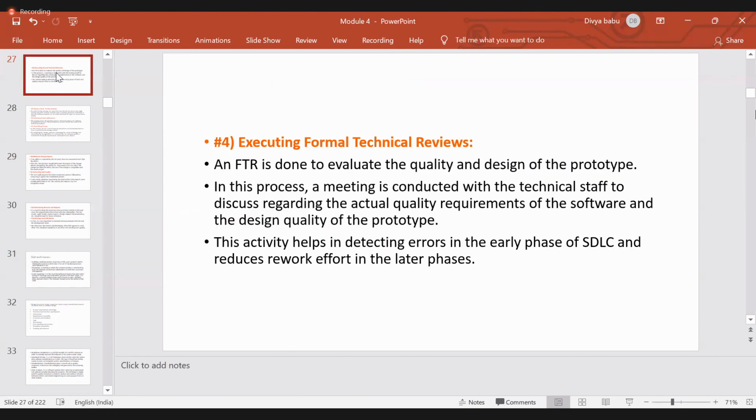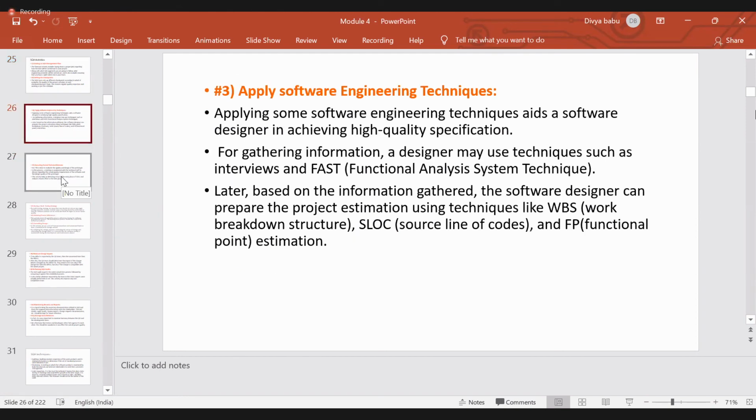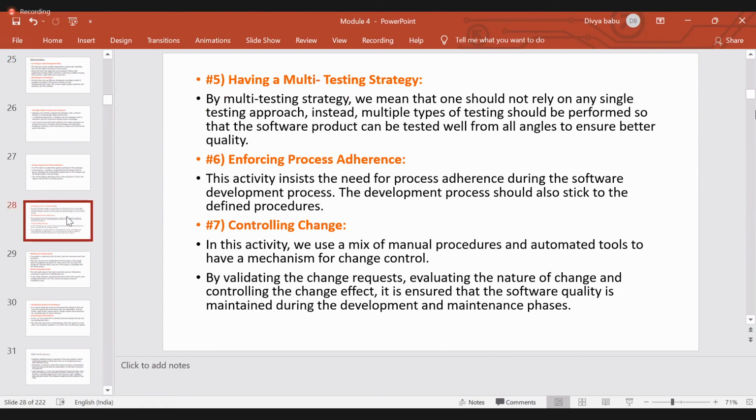So these are the points you need to remember. SQA activities: creating an SQA management plan, set the checkpoints, apply software engineering techniques, execute formal technical reviews, have a multi-testing strategy, enforce process adherence, and control the changes.